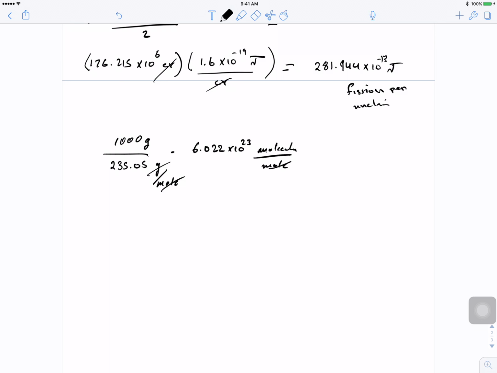We cancel all of these units and we're left with molecules: 2.56 times 10 to the 24 molecules.